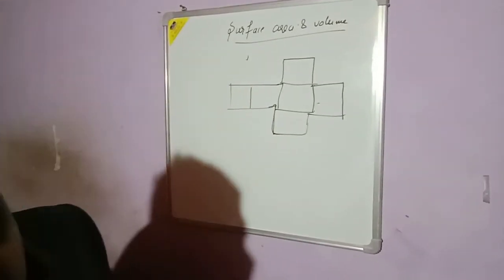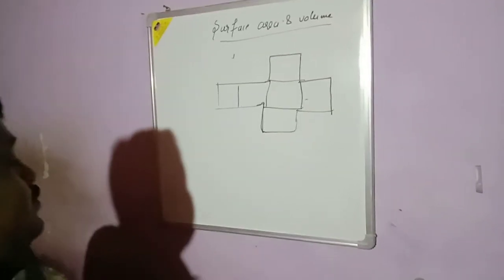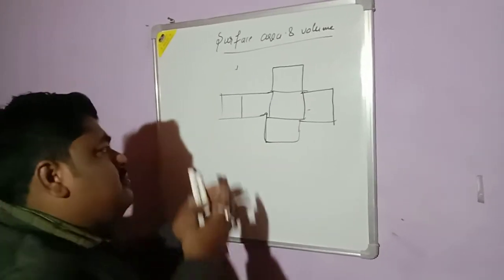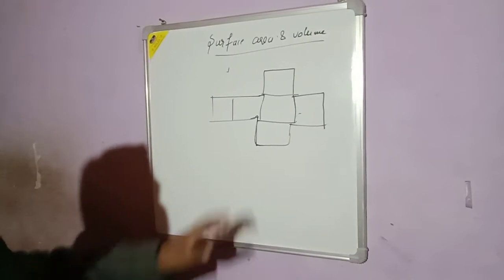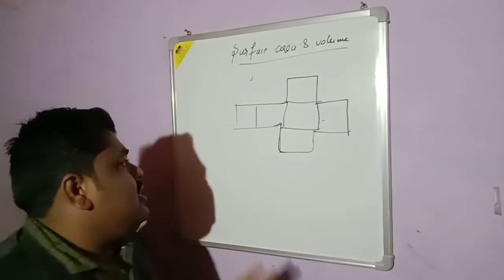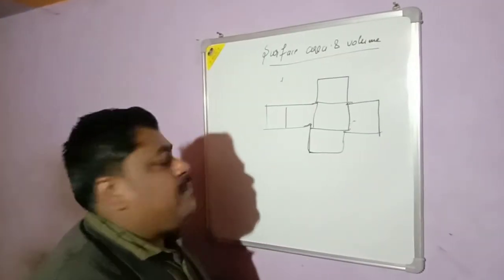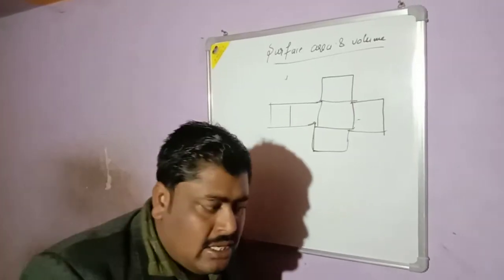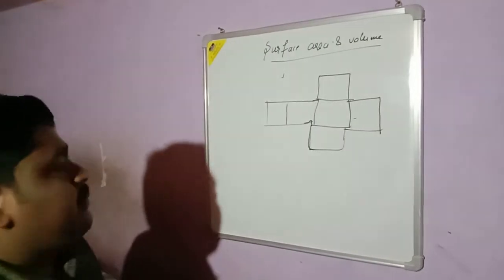Here we got the net diagram of the cuboid. Now, we can easily identify that a cuboid is nothing but a combination of 6 rectangular faces. 1, 2, 3, 4, 5 and 6. There are just 6 rectangular faces.